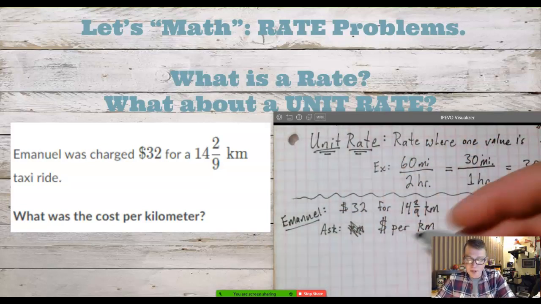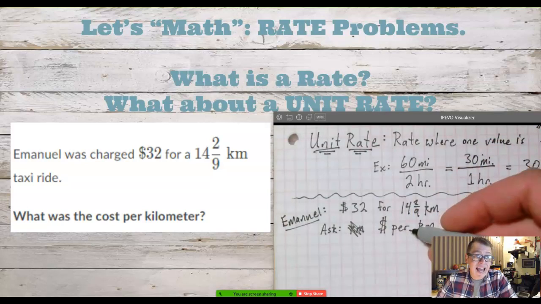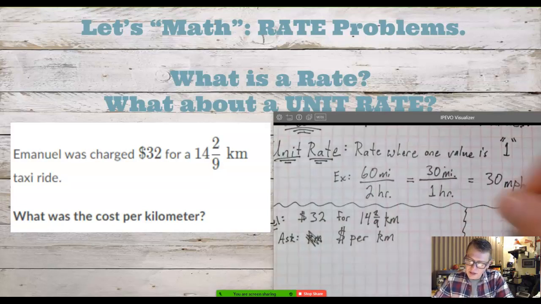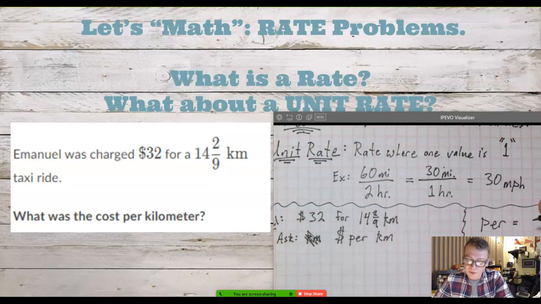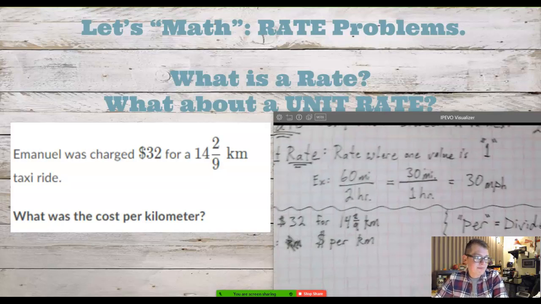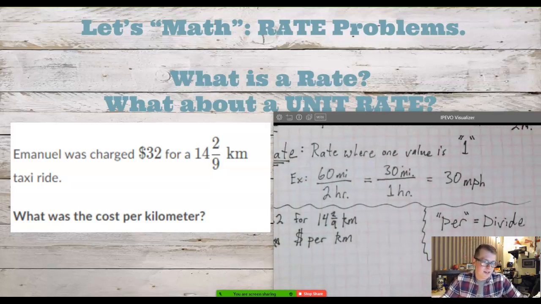Now this per is as important of a word as of. I would make a little notes box. Per tells us to, like percent. What does per tell us to do? Percent tells us to what by 100? Divide.